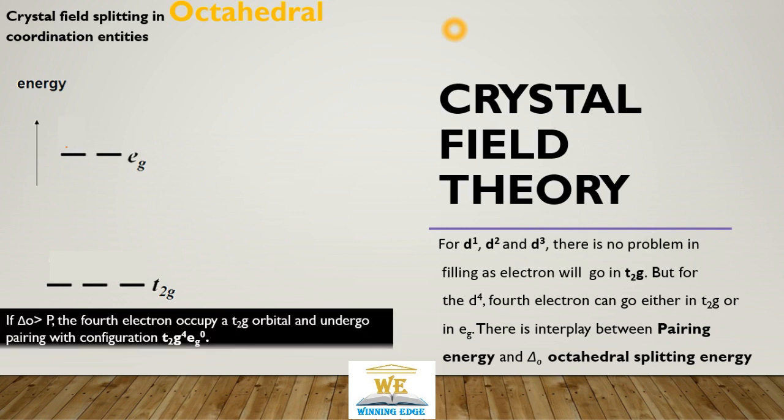Now next is when the octahedral splitting is greater than pairing energy. So what happens? Electrons will try to occupy the lower orbitals only, through pairing. So we get T2g 4 and Eg 0, meaning all 4 electrons will be in the lower d orbitals. Pairing will happen.